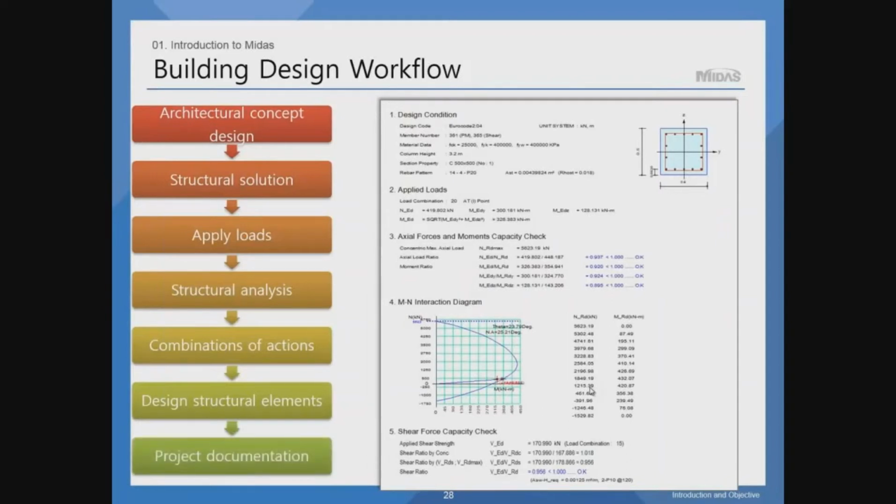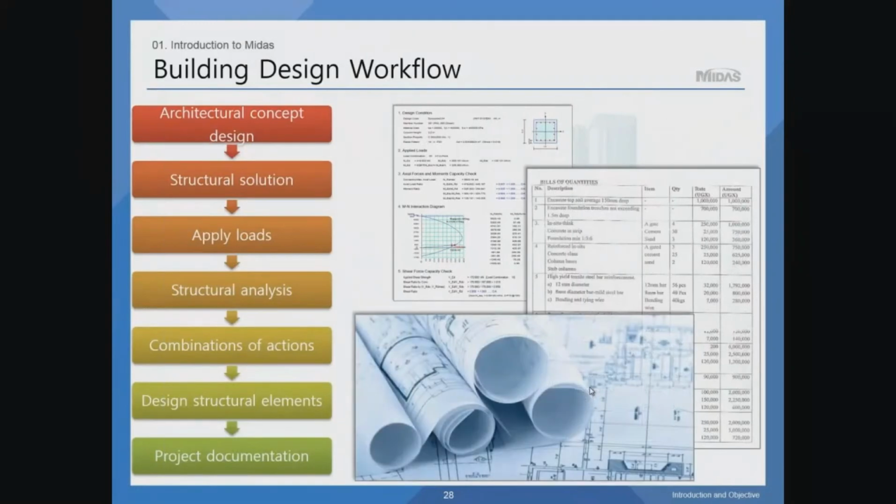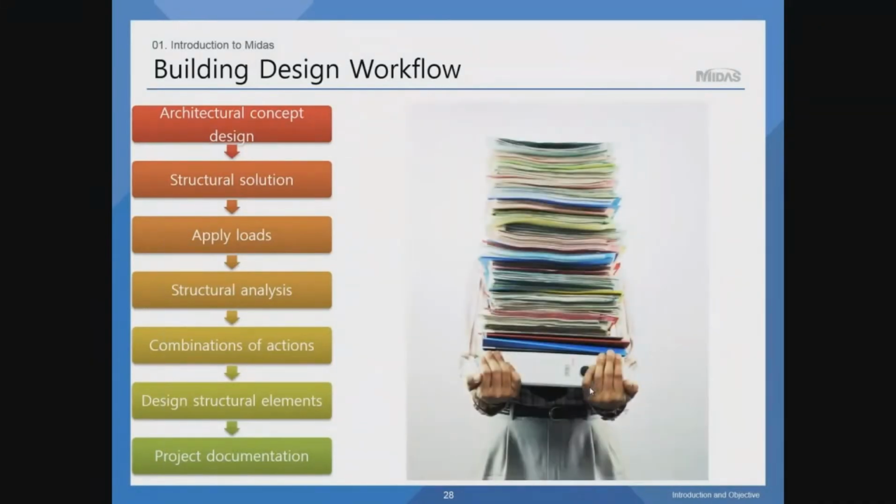And then lastly the documentation, which means whatever you design, whatever you do, at the end you have to maintain the documentation. You can see the various documentations are there. So it is a heavy workload for the civil engineer, because they have to design first, and then maintain the documentation with manual calculation and program calculation.